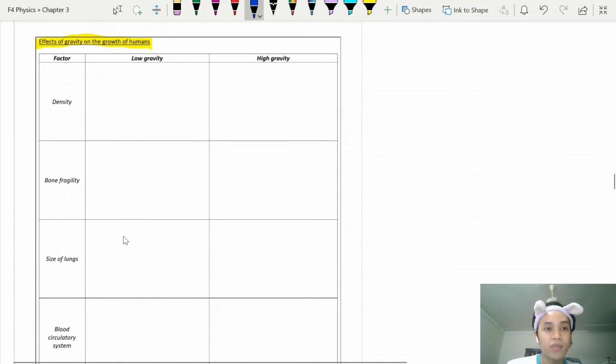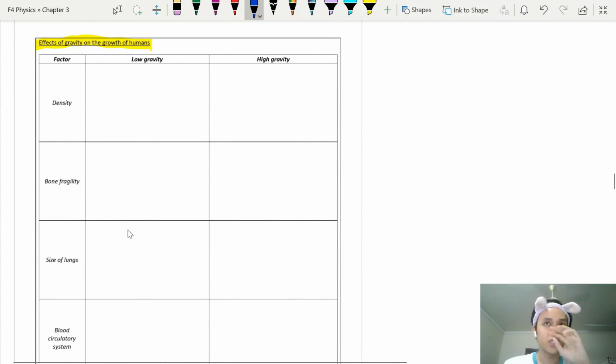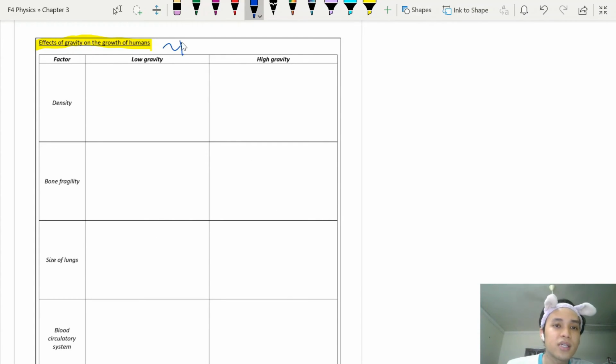Something will happen to the growth of humans if you stay in outer space for a long time. This is also your assignment. So you also need to find out what are the effects of staying too long in outer space on the growth of humans.